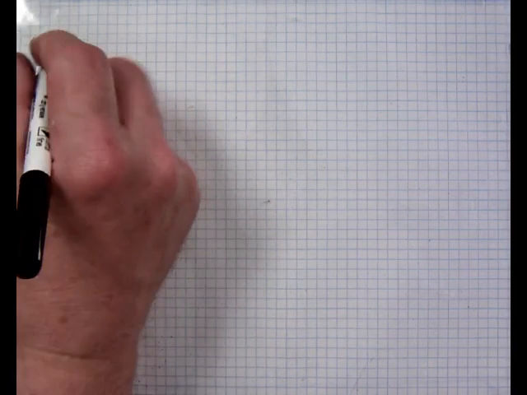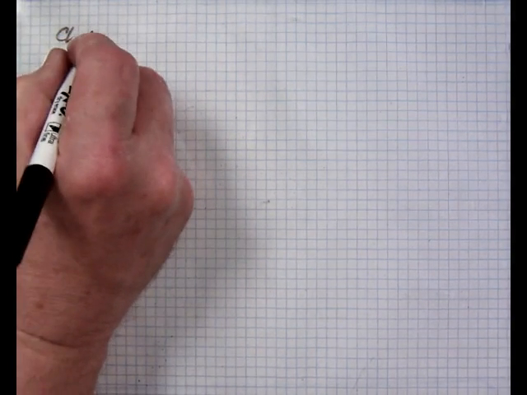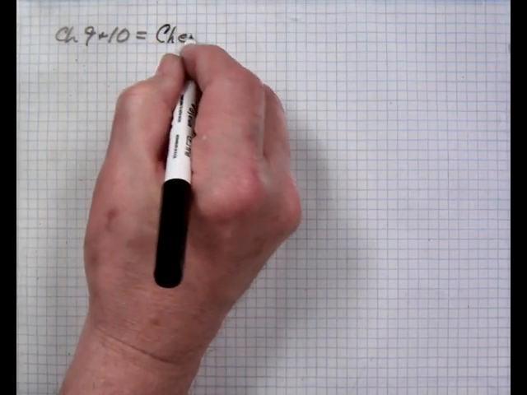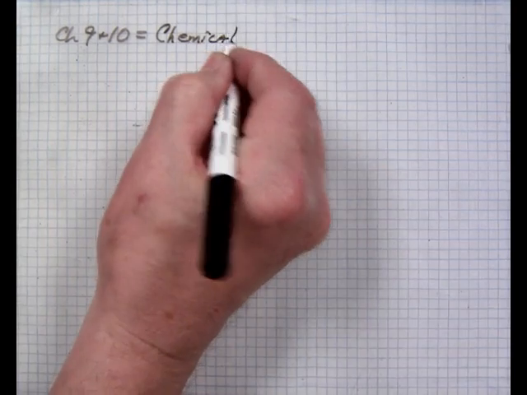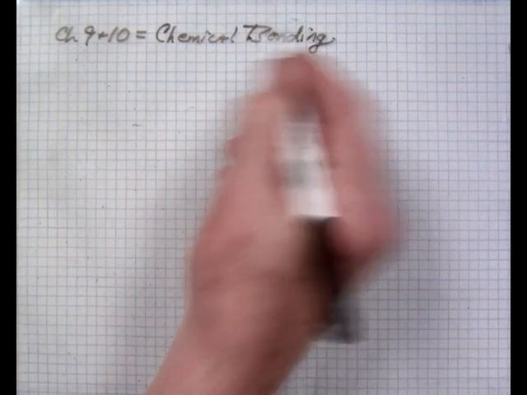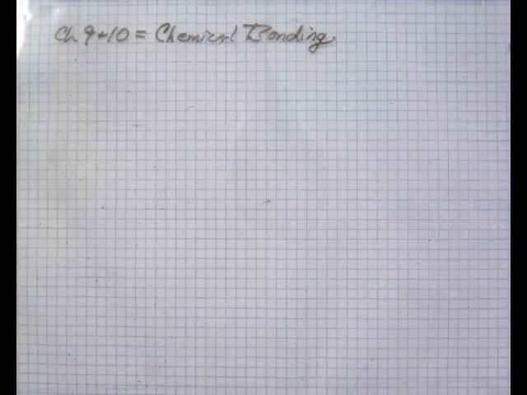Okay, so we begin chapter 9 and 10, which is the science of chemical bonding. Now, to start this, one of the things you kind of have in the back of your mind as a reference is the types of bonds that exist in the universe.